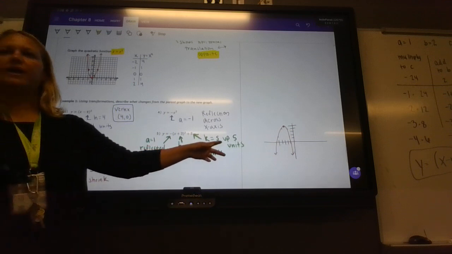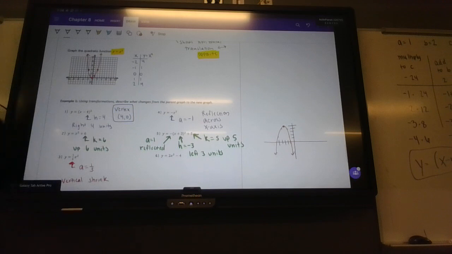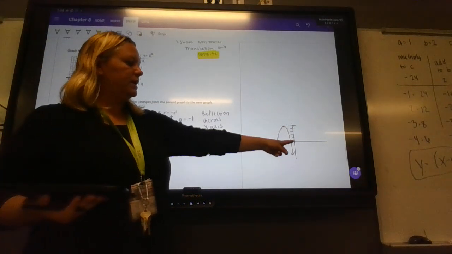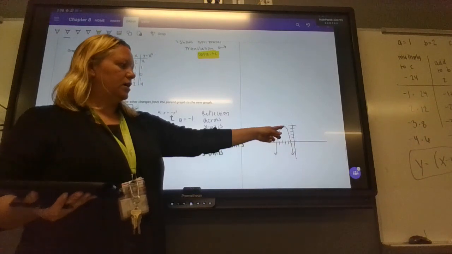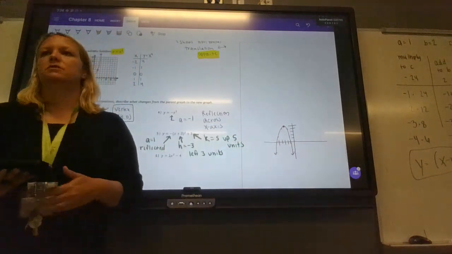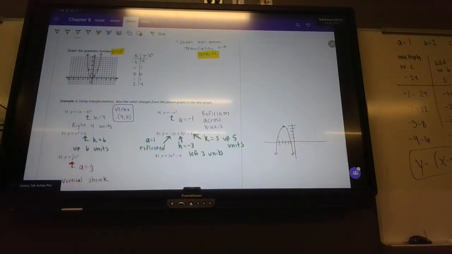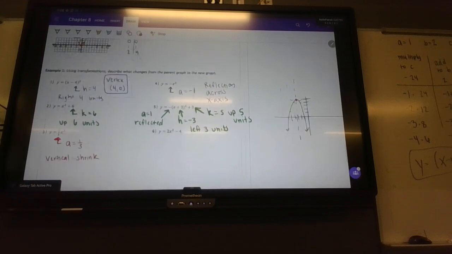So here's what number 5 looks like. And the more you can picture it, just looking at the transformations, the better off you are. So I took the parent, I went left 3, up 5, and I made the arrows go down. Okay.